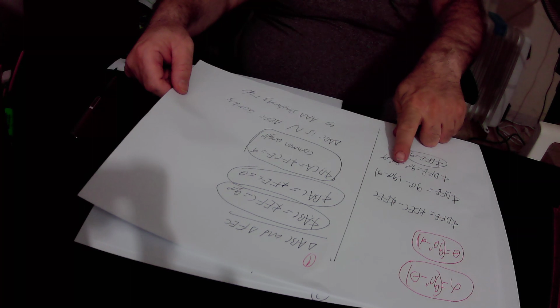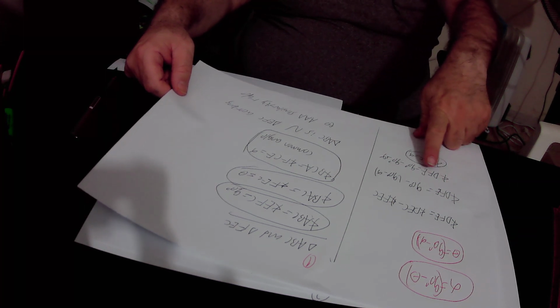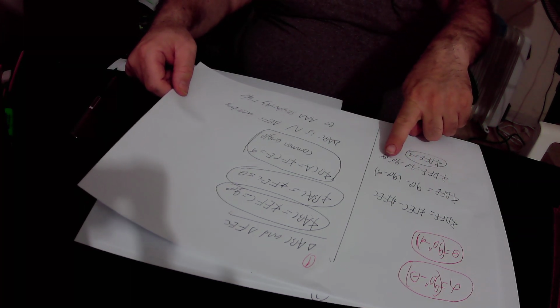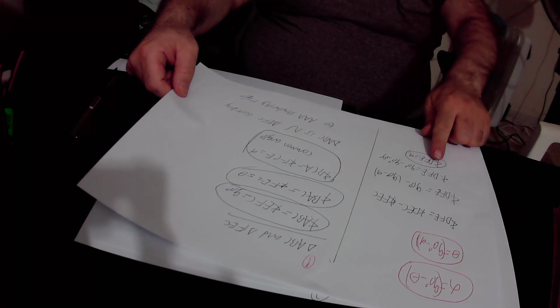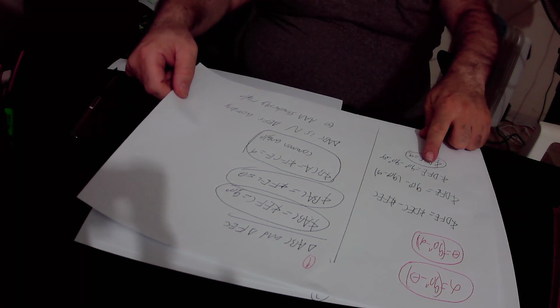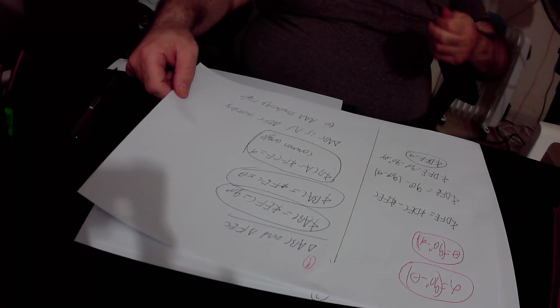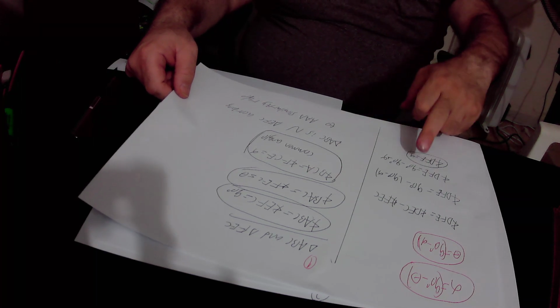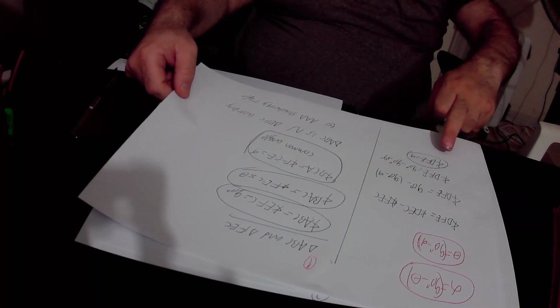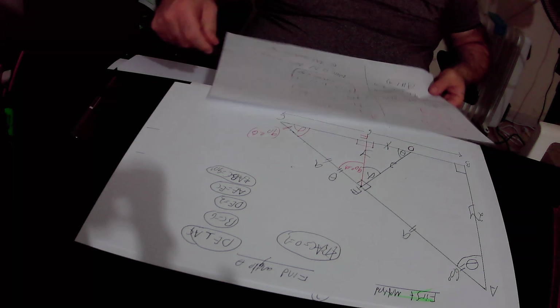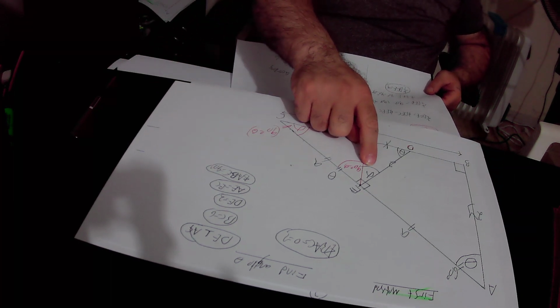We did it here, and we got that angle DFE equals 90 degrees minus (90 degrees minus alpha). We opened the brackets here, and we found out that angle DFE equals 90 degrees minus 90 degrees, that is 0. Minus and minus is plus. So in conclusion, we found out that angle DFE, the missing angle here, is equal to alpha.